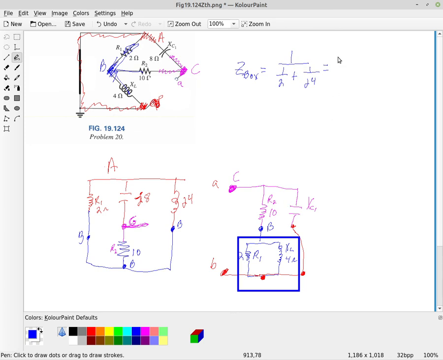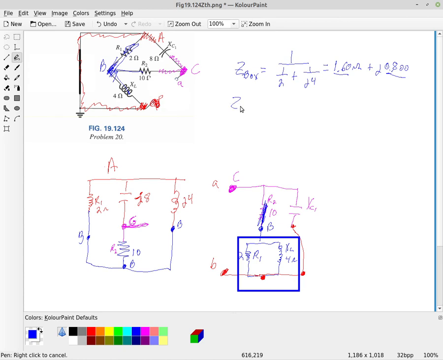So we have 1.6 ohms plus J 0.8. And again, if you want 3 significant digits there, you would have to add those zeros in there. But that's the Z box. Now Z box is in series with my R2.